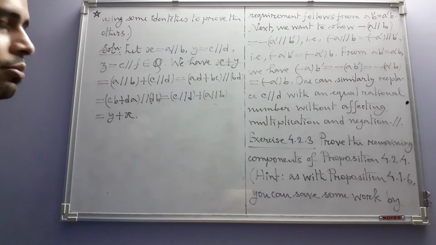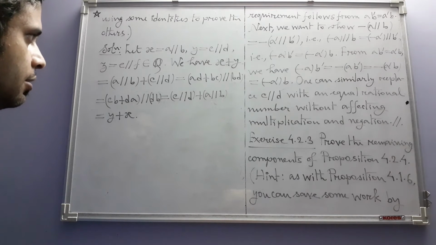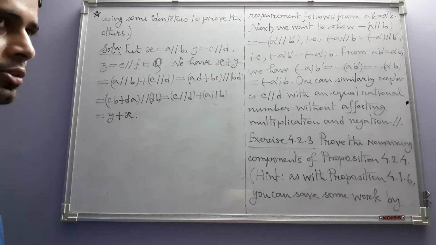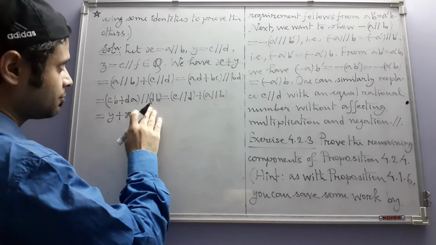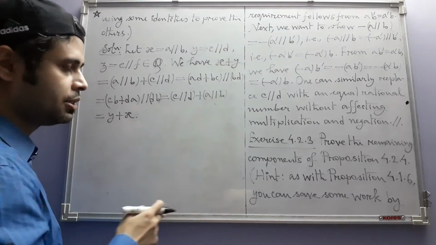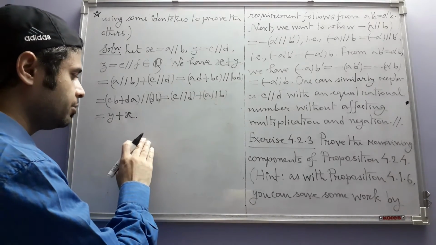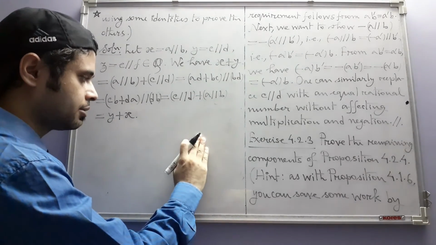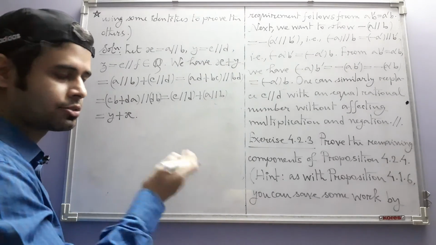Okay, now what about the other identities involving addition? In some of them we have to actually prove two equations. Because of this commutativity of addition, it's sufficient to prove only one of them because the other will follow. For example, if we prove x plus 0 equal to x, that will automatically imply that 0 plus x is also equal to x.